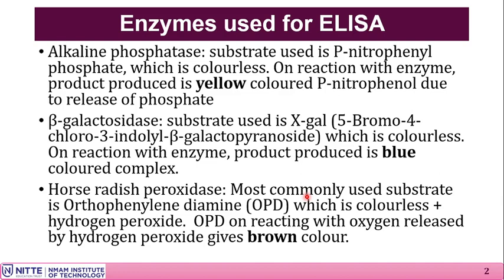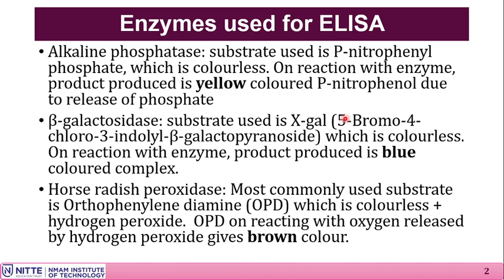So these three common enzymes which are generally used for labeling the antibodies are found in different types of kits that are produced for the detection of antigen or the antibody by adopting the ELISA technique.